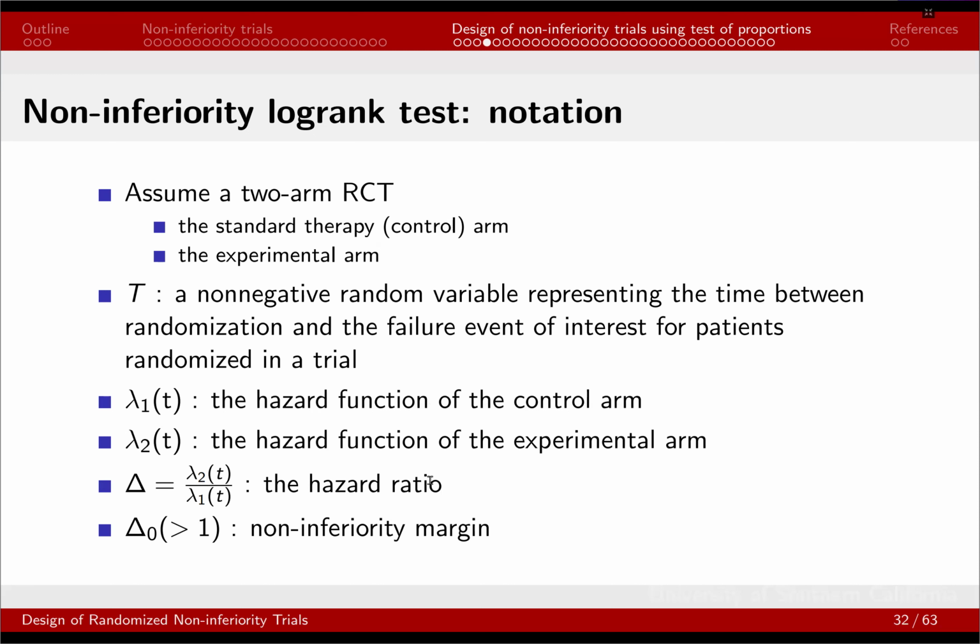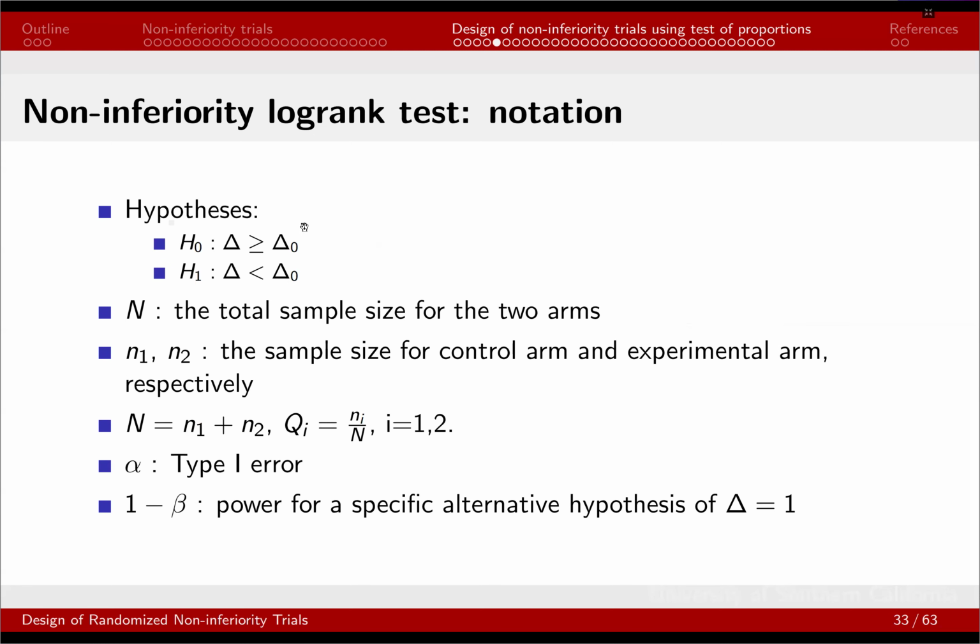Delta is the hazard ratio with the standard arm as the reference group, and delta 0 is the non-inferiority margin, which is larger than 1. These are the hypotheses. If we reject the null hypothesis, we conclude non-inferiority. N is the sample size, N1 and N2 are the sample sizes for the two arms.